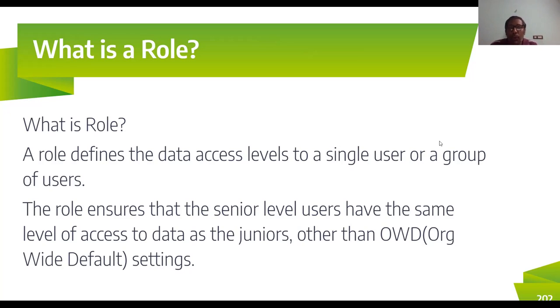In case the OWD is made private, neither senior nor junior can access it. There we have the grant hierarchy. If I make the grant hierarchy private, even the senior person cannot see the junior level data. Only if access is granted can the senior level person access it, otherwise it is not possible.